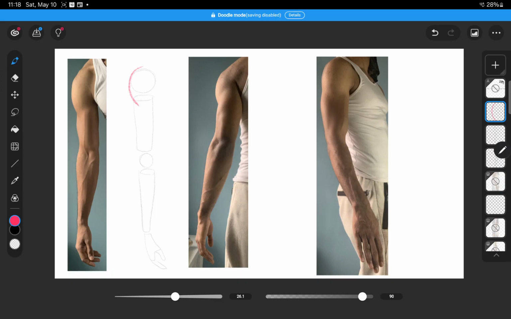I need more opacity. 100%, yes. So pretend this is your final drawing or your second draft of a drawing. So you do something like that. I'm not even sure exactly how this would work. Drawing the mannequin like this is weird.